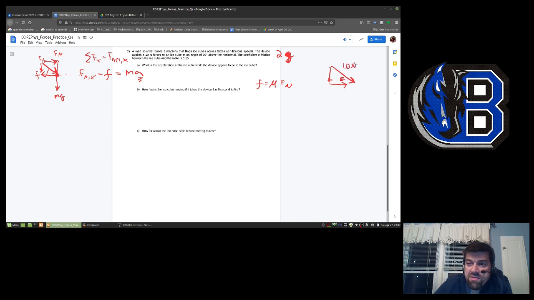That's my 10 newtons. The vertical part is the opposite side, so it'll be sine of 30 times the force applied, F_y. And I cross multiply. And that means the force applied in the x direction is the hypotenuse times cosine of 30.